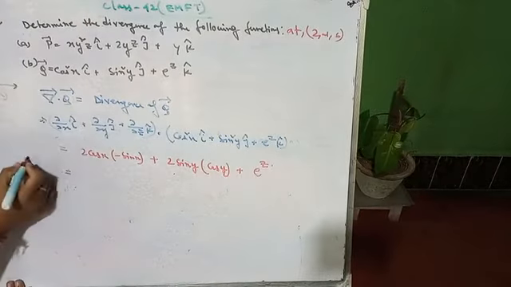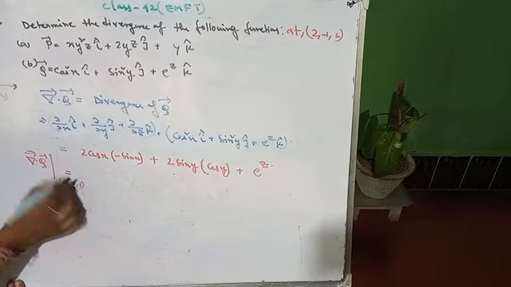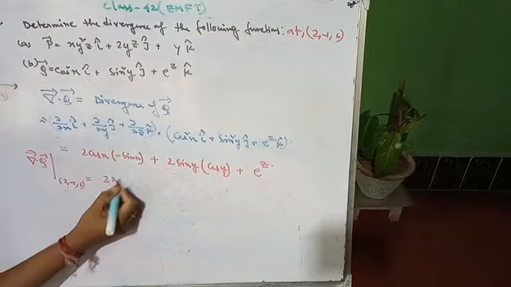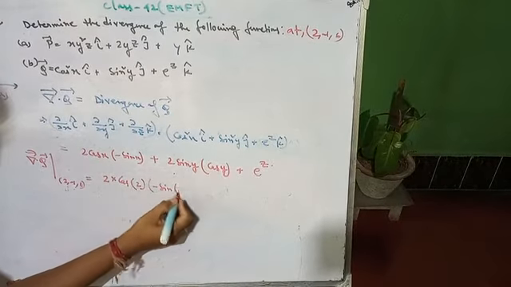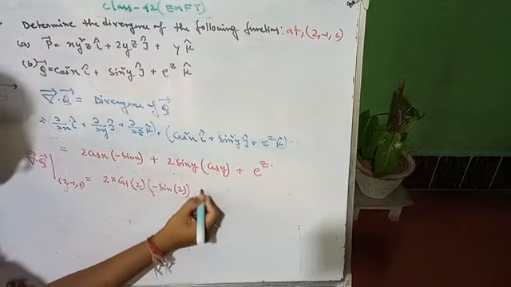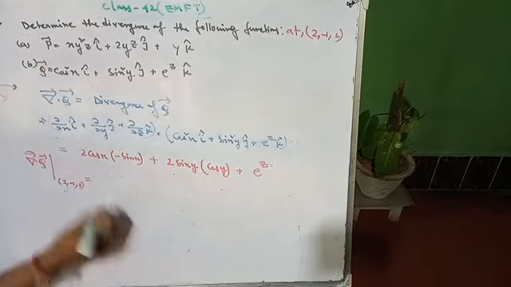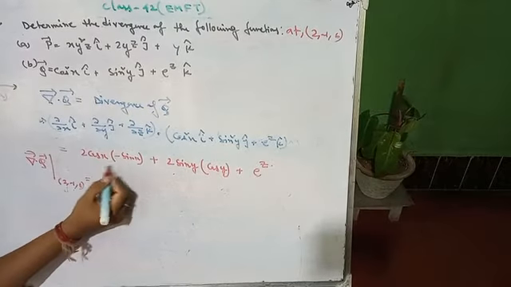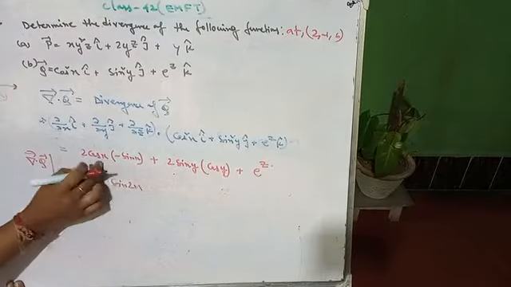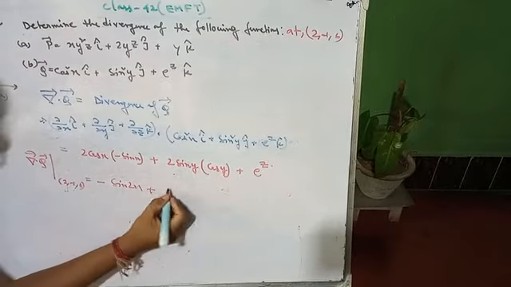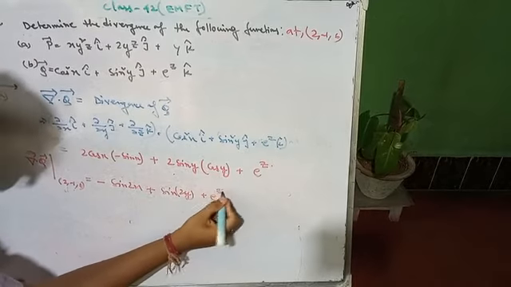So at the point 2, minus 1, 6, the divergence of q, your result will be 2 into cos 2 into minus sin 2, plus 2 sin y cos y. You have to write the formula first. So minus sin 2x, because 2 sin x cos x means sin 2x, plus sin 2y, plus e to the power z.